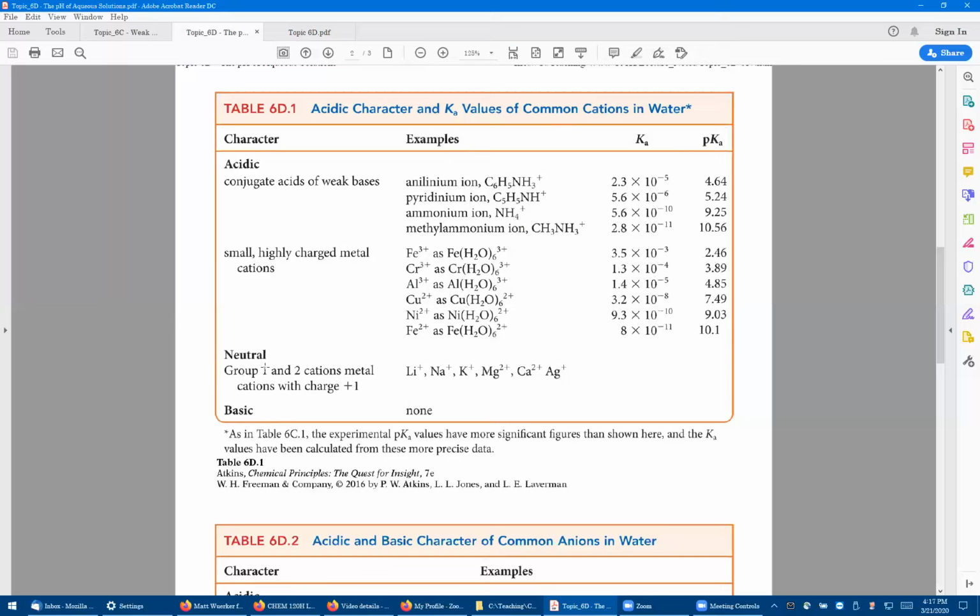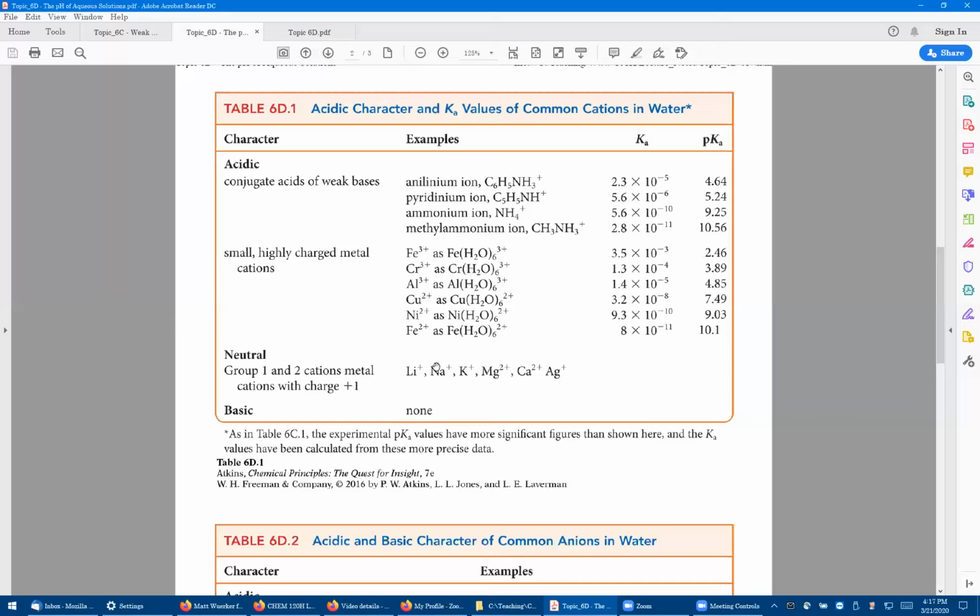And the reason for that is based on what we talked about in the last lecture. The cations of the alkali metals, which are these, the alkaline earth metals and silver and a few others, are essentially the conjugate acid of a very strong base: lithium hydroxide, sodium hydroxide, potassium hydroxide, and so on.